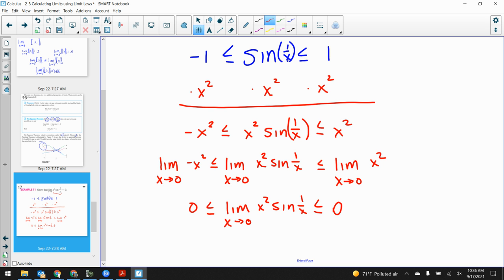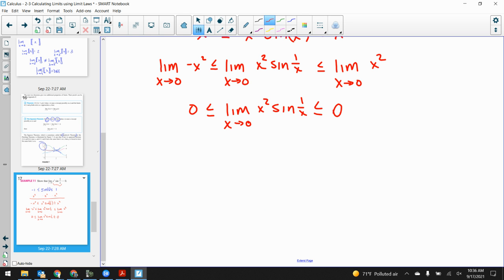Yeah. So now I just applied the squeeze theorem. Because look, if it's in between 0 and 0, what must the limit be equal to? 0. So therefore I can say the limit as x goes to 0 of x squared sine 1 over x must be 0.